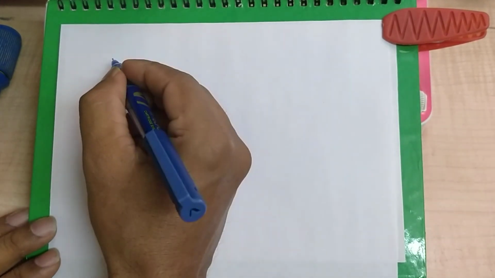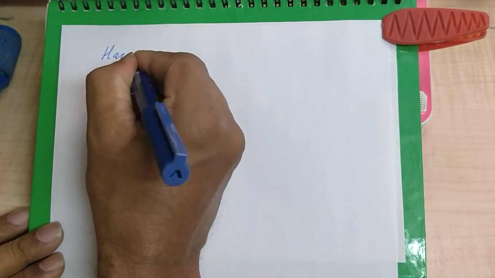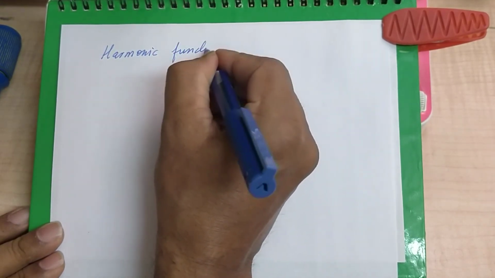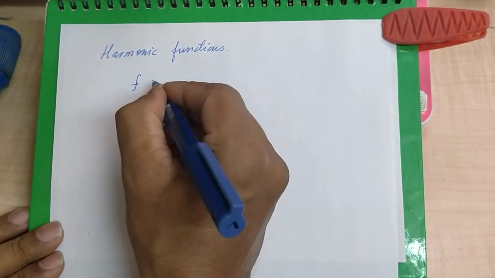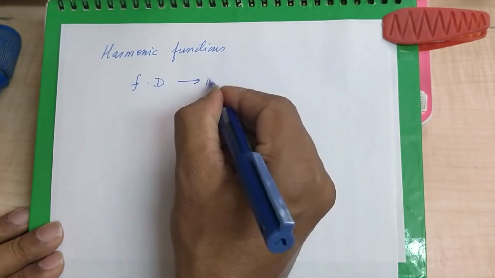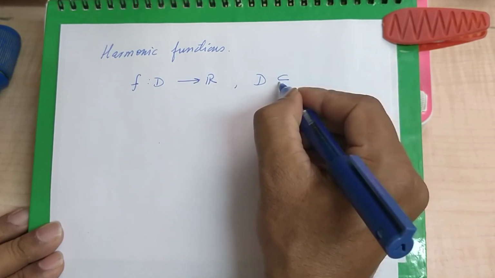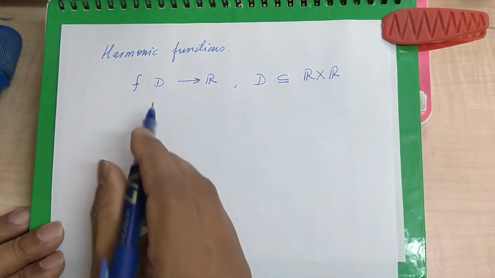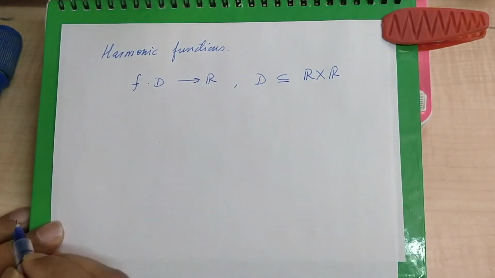I shall now quickly define harmonic functions. Let f be a function from D to R, where D is a subset of R cross R. So f is a real valued function of two real variables.